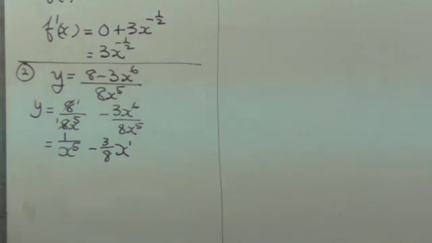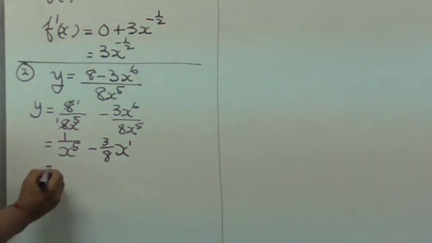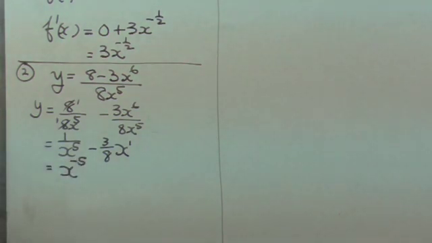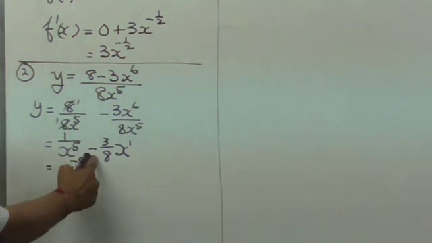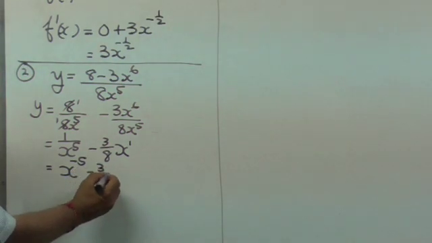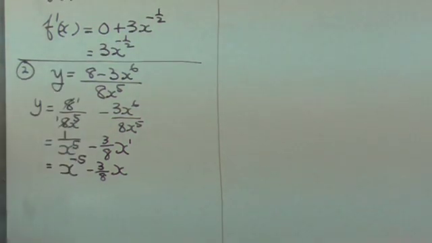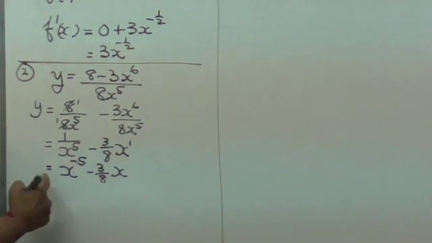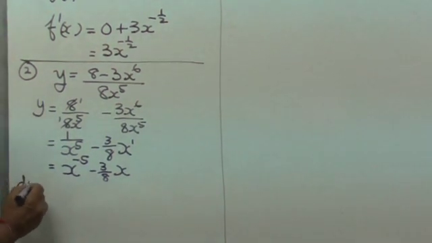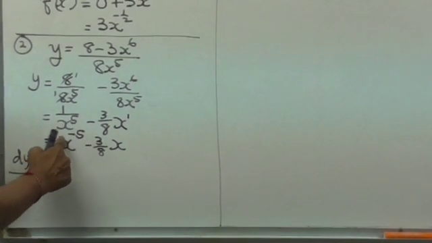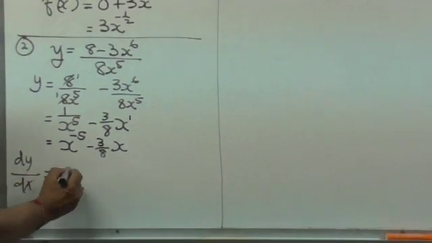Now, you know that this is really, from your basics, x to the minus 5. And this is the same thing. So now we can find the answer. Let's focus on this part over here. So we want the answer. dy by dx is equal to minus 5 times 1 will give you minus 5.